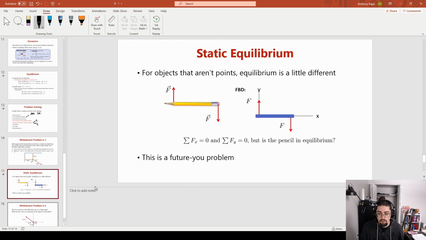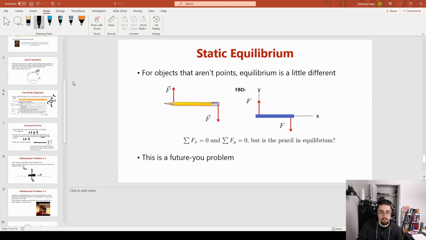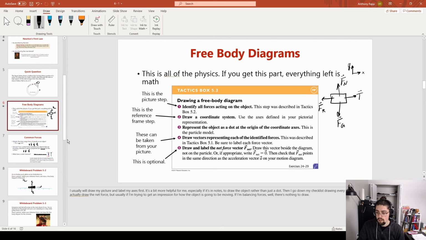So, all of these things that we've been assuming so far is that when we're working with free body diagrams, they even say it in the description here, and I don't necessarily agree with it, but where did that slide go? There it is. Represent the object as a dot. I don't like that.